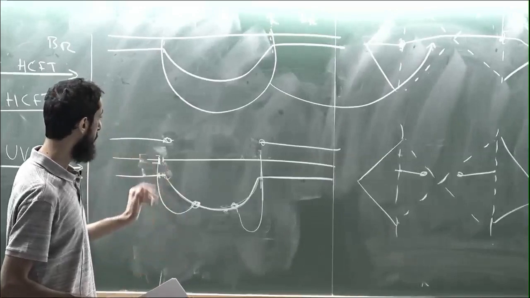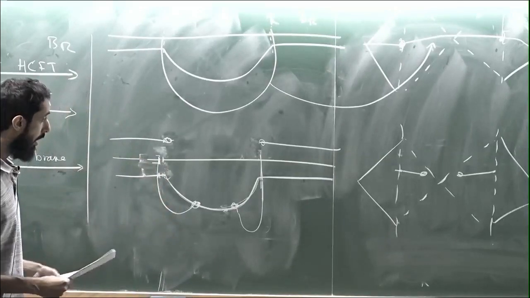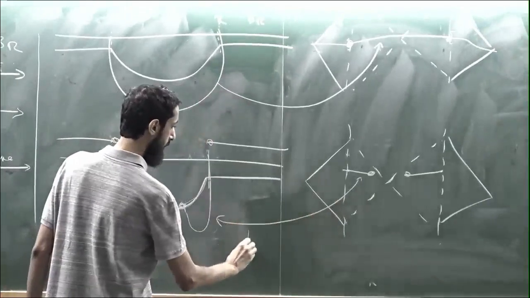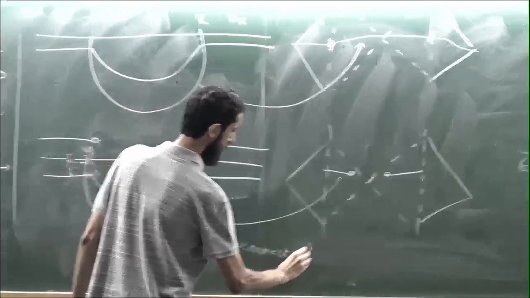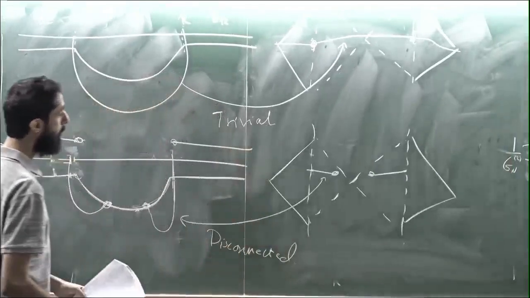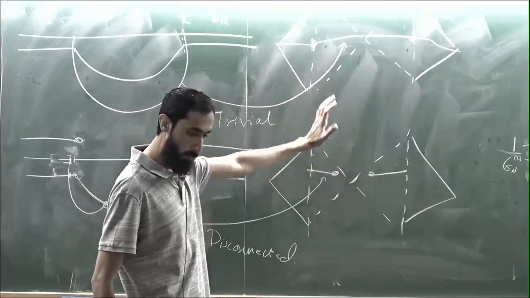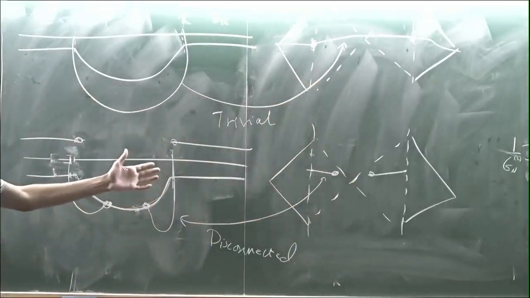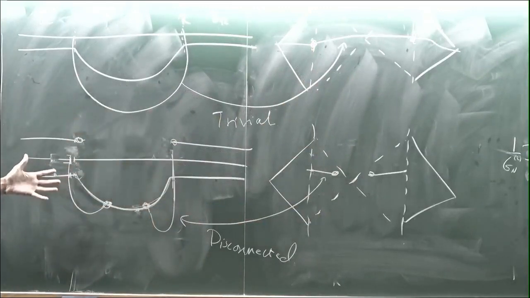Okay, so let me go back to the entanglement entropy computation. The idea is this. So this RT surface is the disconnected surface. This is the trivial one. So we've reproduced the two different RT surfaces in our 2-dimensional analysis via this HRT prescription in 3 dimensions.